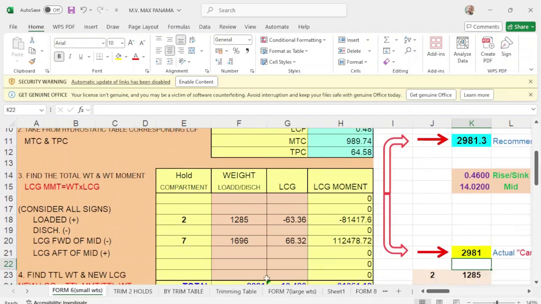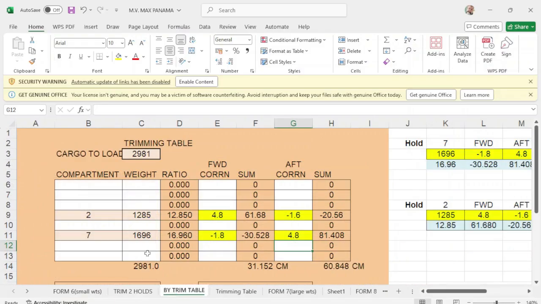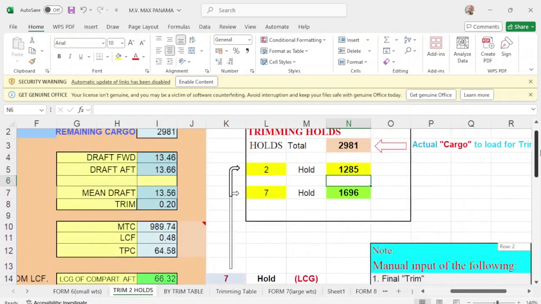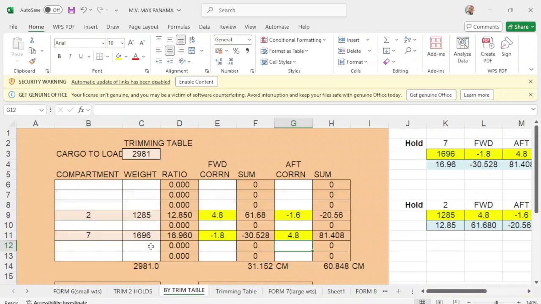And hold number 2, you will load 1285. Number 7 is 1696, which is this one. Number 2 is 1285, 7 is 1696, which is the same, okay?